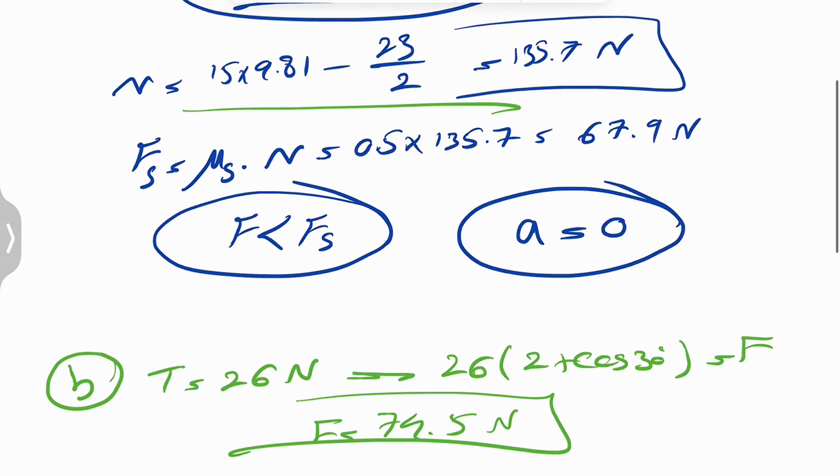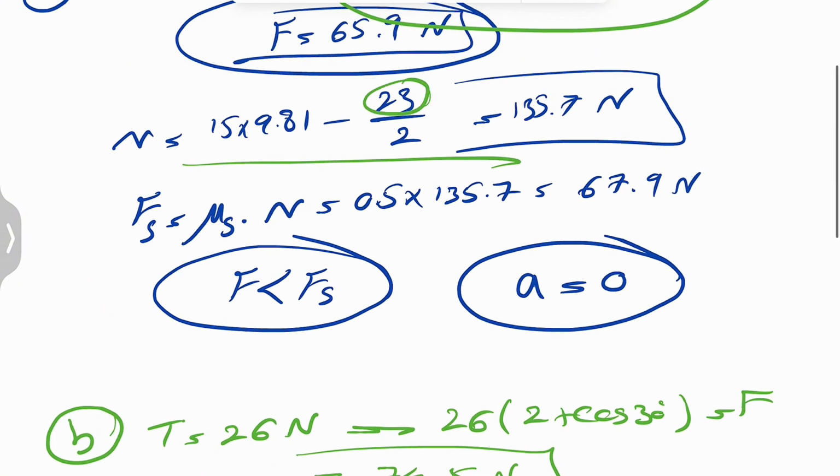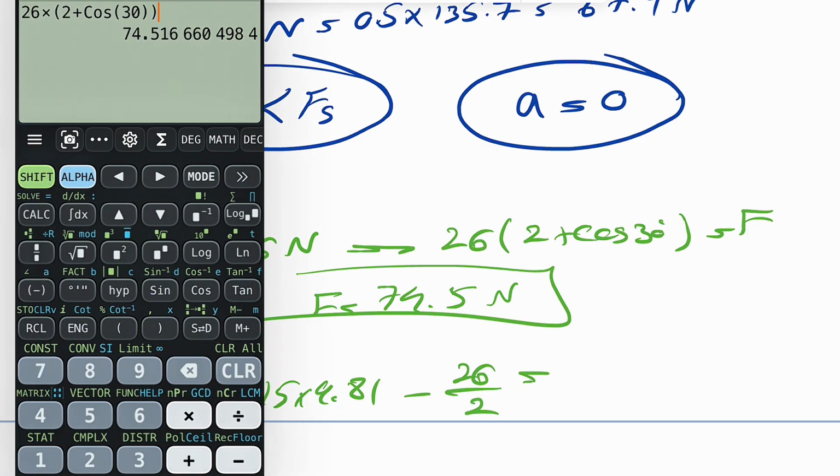So we have this one now. Instead of 23, we're just going to do 26 divided by 2, which is 13. So 15 times 9.81 negative 13 gives us 134.2 newtons.